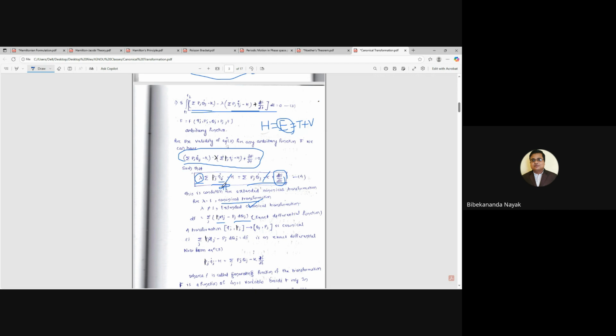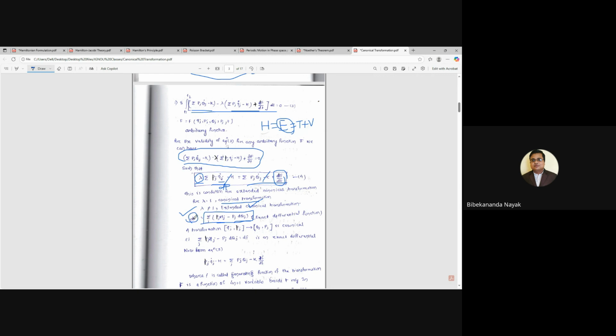If you cancel the t dependence here, or integrate that part, you can write summed over j Pj dQj minus capital Pj dQj is equal to df. So for a transformation to be canonical, this sum, meaning the difference, must be an exact differential.